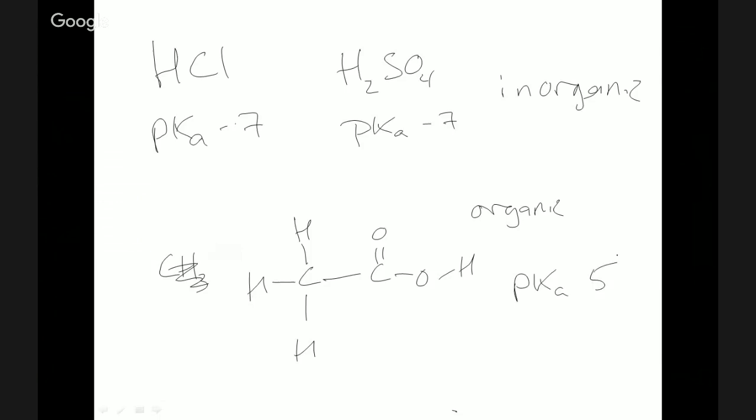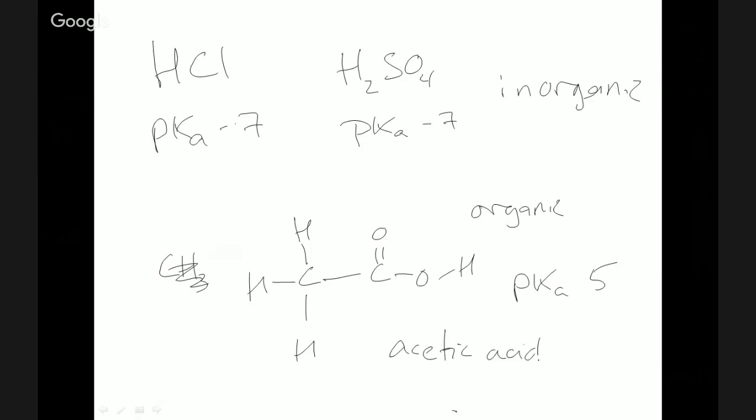We're going to talk about this, but HCl is 10 to the 12th times more acidic than acetic acid. This is called acetic acid, or just vinegar. Water has a pKa of 15.7. We'll talk about pKa a lot more, but these are a few acids.